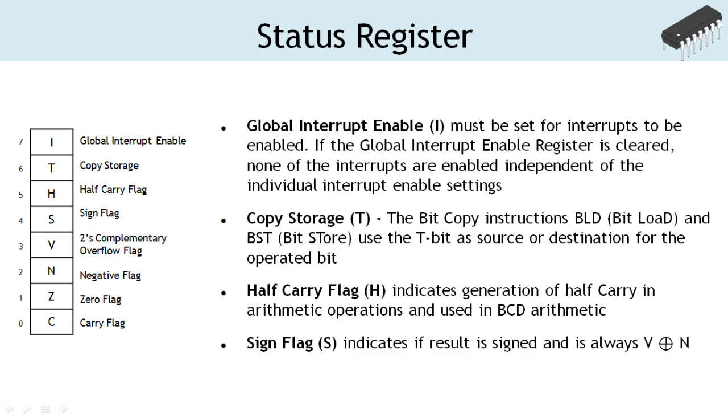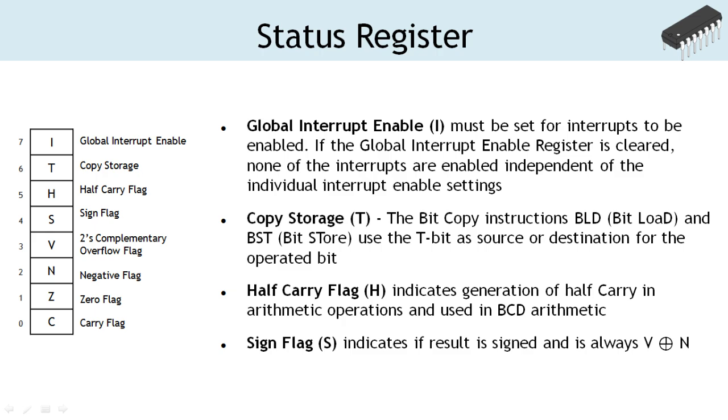The T flag, that is the bit number 6 of the status register, is used as source or destination in the operation. The half carry flag is used to indicate the generation of carry or borrow from the least significant 4 bits during arithmetic operation. It is primarily used in decimal arithmetic.